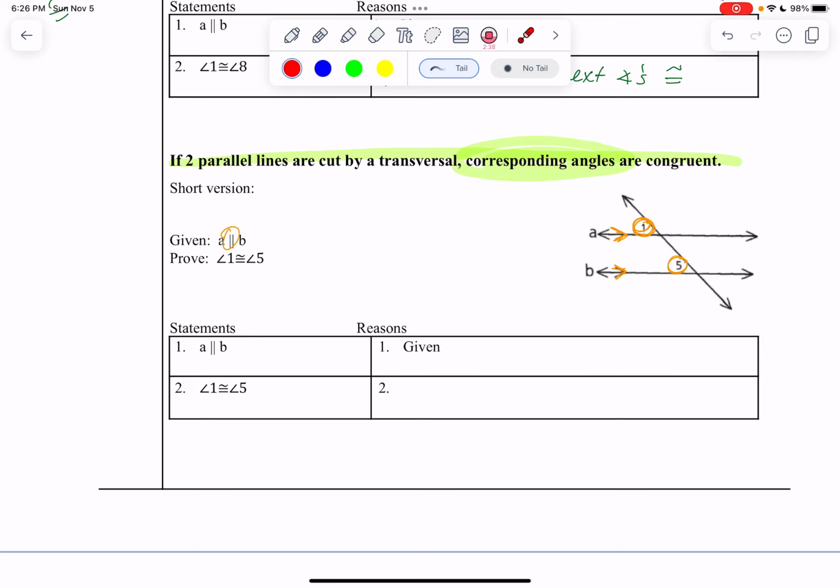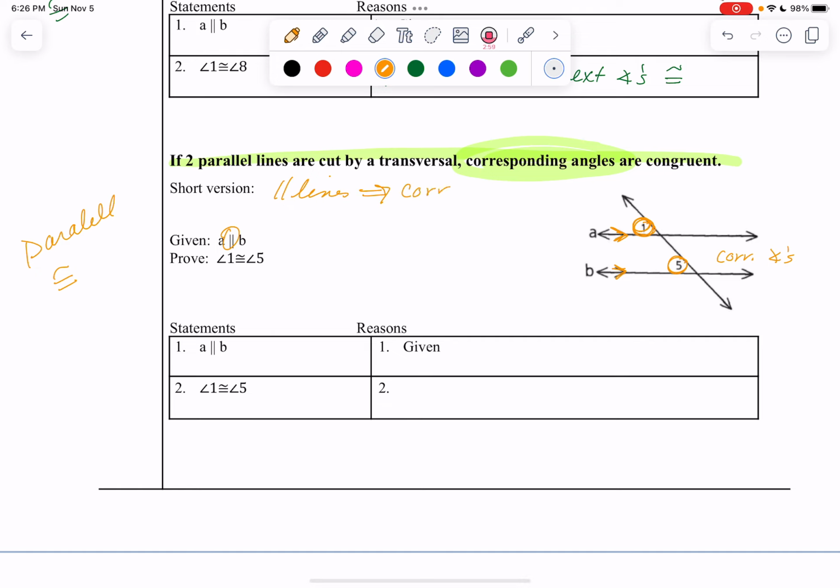Those are corresponding angles. Again, I know parallel, and I'm trying to prove congruent. So the short version of this is parallel lines implies corresponding angles are congruent.